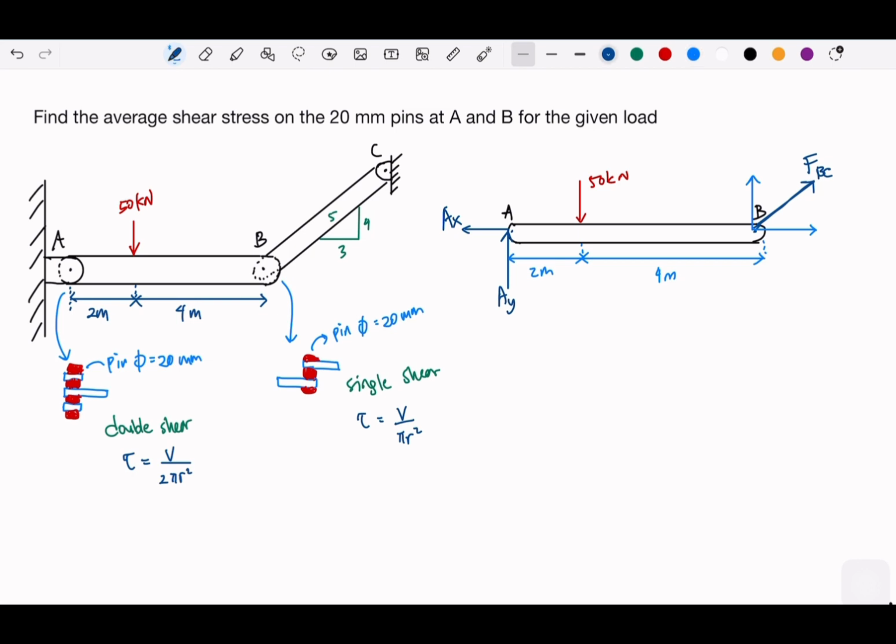So this will be 4/5 FBC, and this is 3/5 FBC. Right, sine and cosine. Okay, so I think everything is available now. So first we write an equilibrium. Let's take the moment.